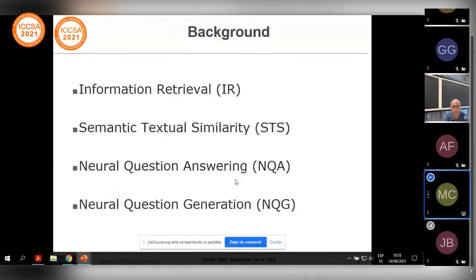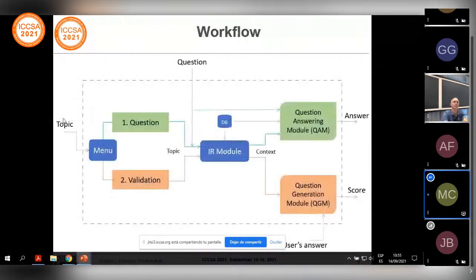So this is the workflow, starting here, where the user has to specify the topic she wants to address. Then a menu is displayed with two options, question and validation, which follow the green and orange lines, respectively. Both go through the information retrieval model, with the difference that the green flow concatenates the topic with the question entered by the student.